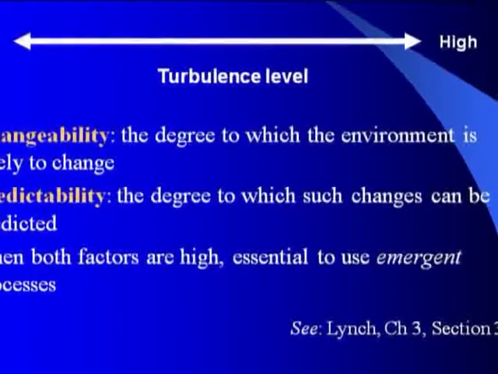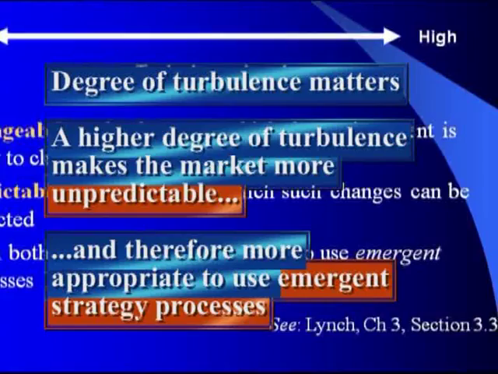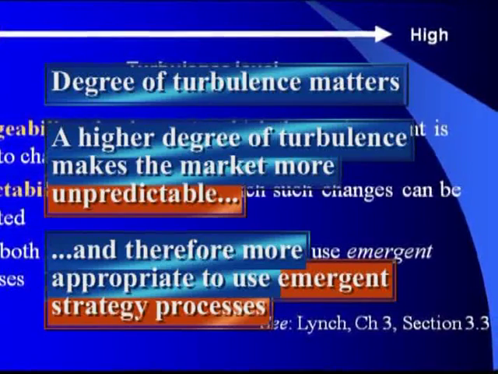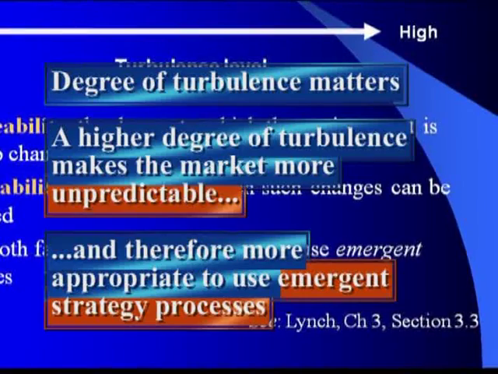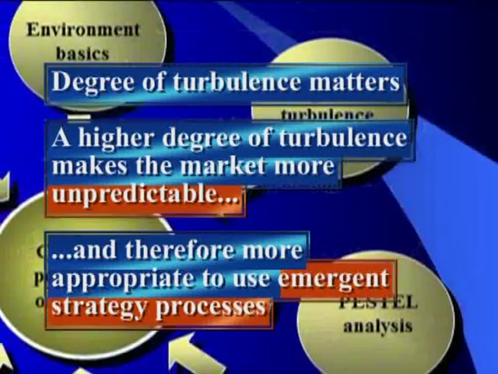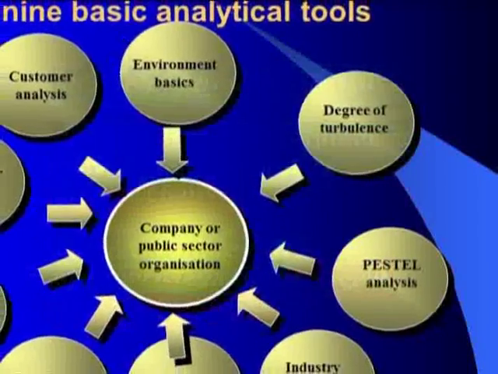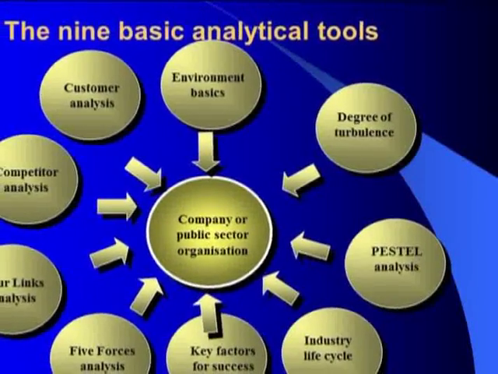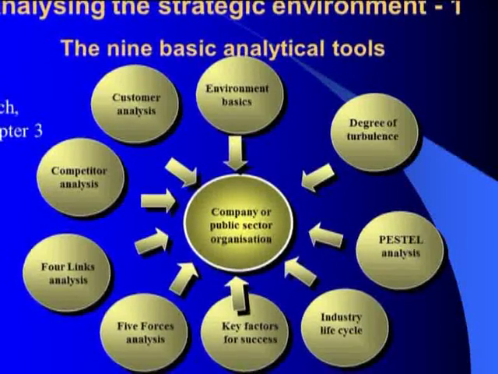But it's not necessarily true that the market is highly turbulent, like some internet markets with their high degrees of uncertainty. Therefore, turbulence in steel is somewhere around number 3, compared perhaps to markets for the internet at number 5 and number 1 for mature markets like those for chocolate products.